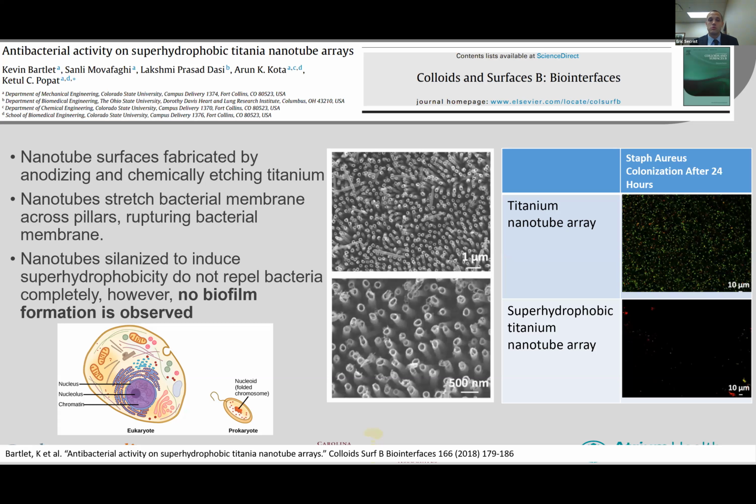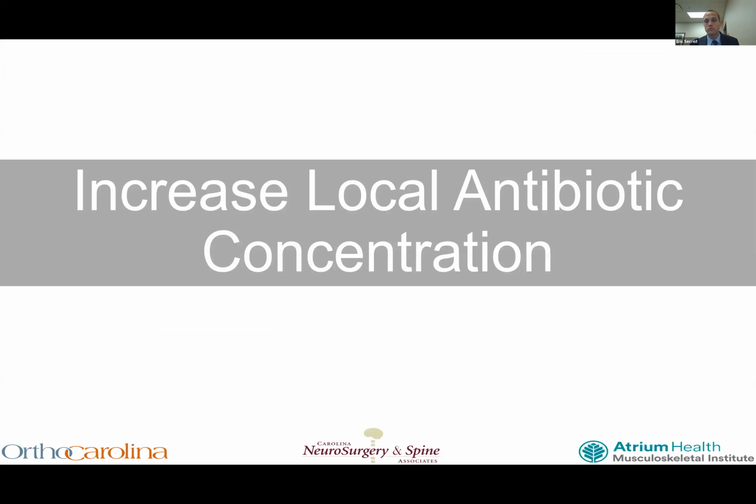Human cells, conversely, which are a lot bigger, are able to stretch across a broad array of them and not become mechanically disrupted. And when these are combined with a super hydrophobic coating, we do see decreased biofilm deposition as compared to plain nanotube arrays.